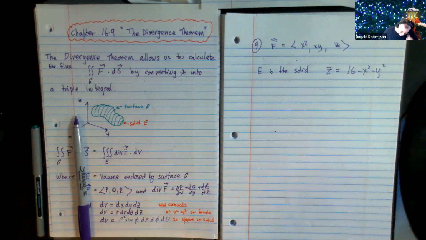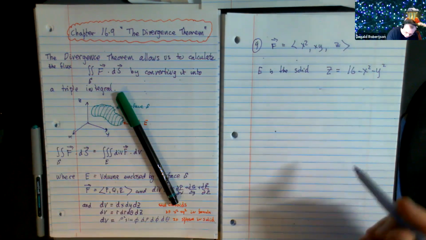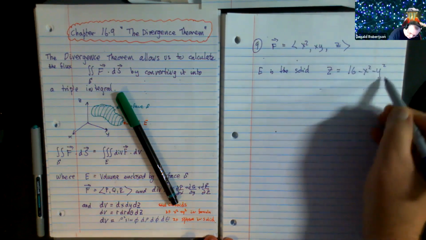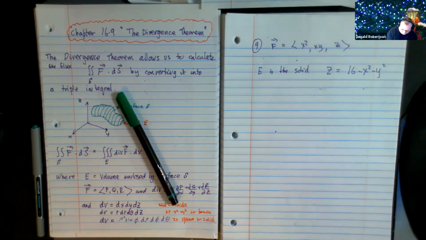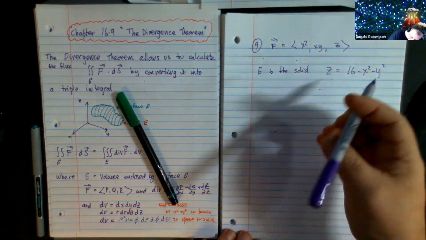So we have a pretty nondescript vector function. E is a solid bounded by this shape. Evidently that shape is, I don't know what it is, but it's bounded by it. And they're actually asking you to get the flux.